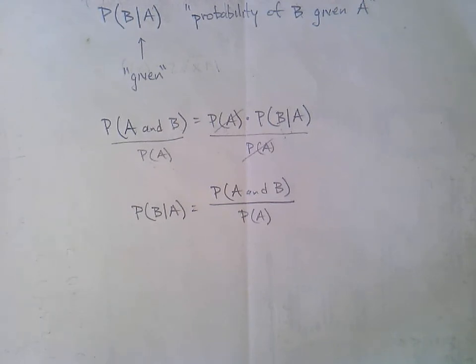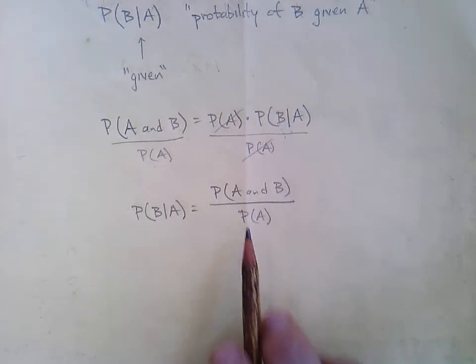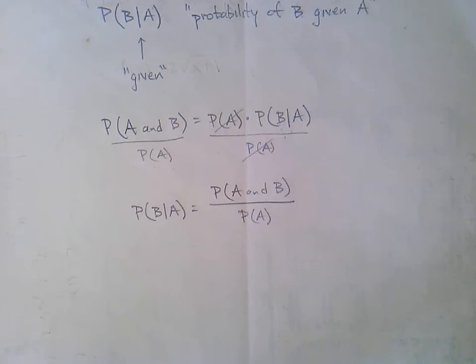Well, if we're already inside of A, then the chances for B to occur would just be that middle shaded region. So I know I'm inside of A. If B is also going to occur, that would mean it's the overlap of A and B. And so to find this probability, we really just go back to that first formula for calculating probabilities: the number of ways something can occur divided by the total. Here, the number of ways for B to occur is limited to that overlap.